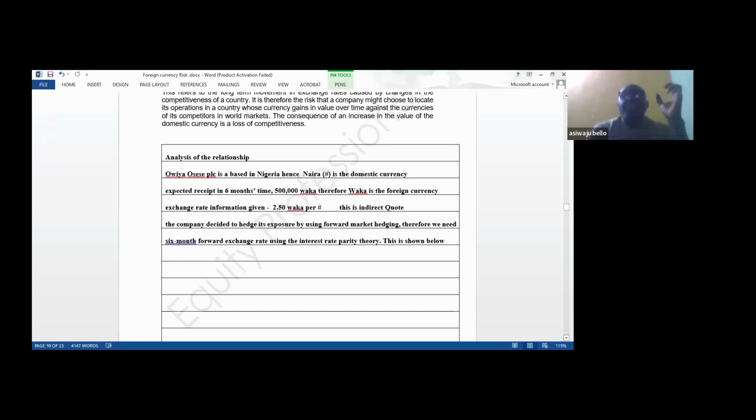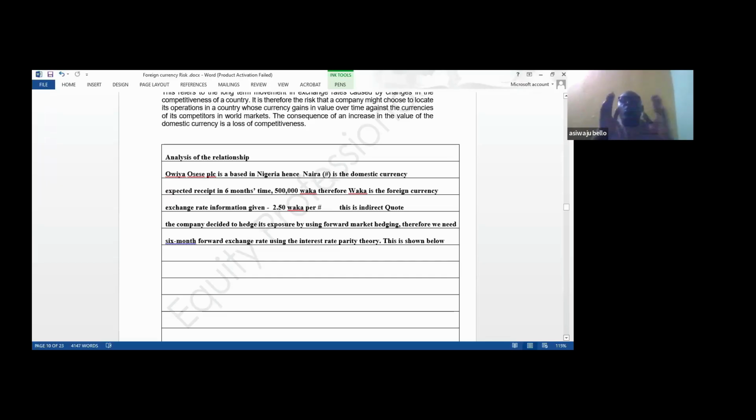Owiya Osese PSC is based in Nigeria. Hence, naira is the domestic currency. Where the company is located, the currency of that country is the domestic currency.